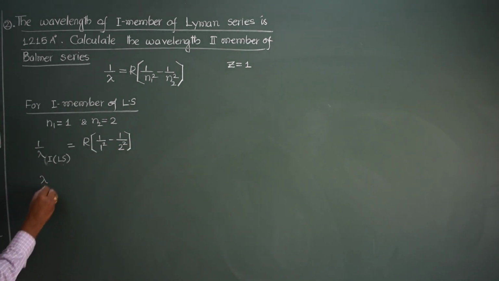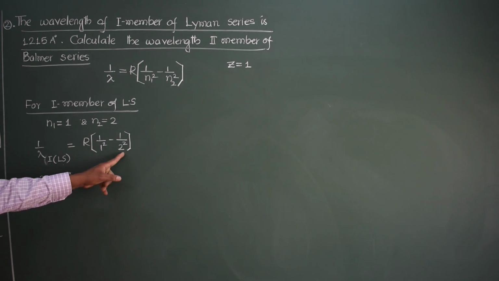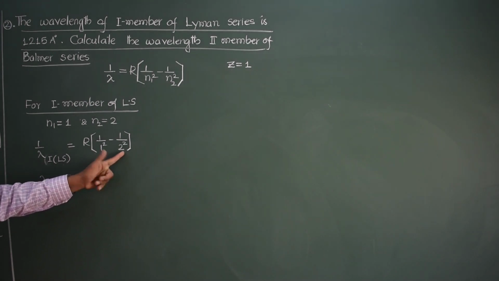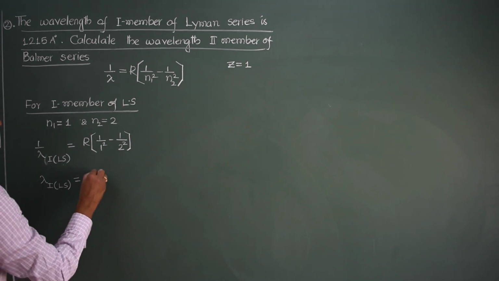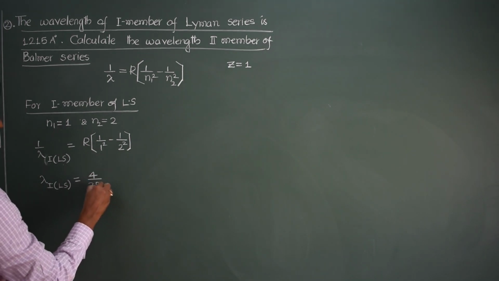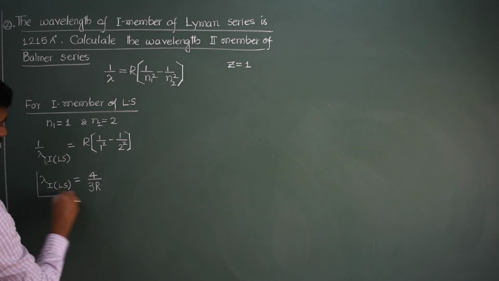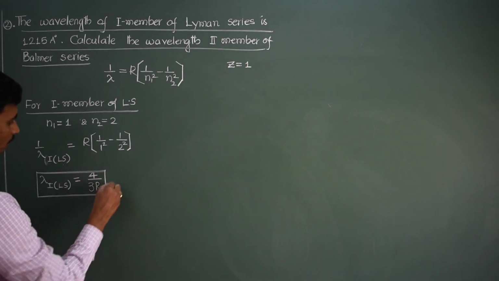Now let us take the LCM and then the reciprocal. LCM is 4, the numerator therefore becomes 3 by 4, hence lambda 1 of Lyman series will become 4 by 3R. Let us call this equation 1.